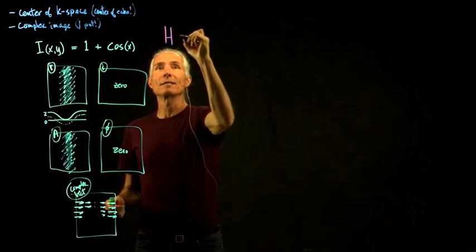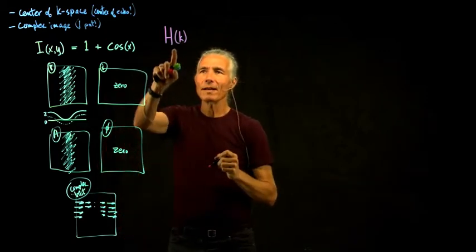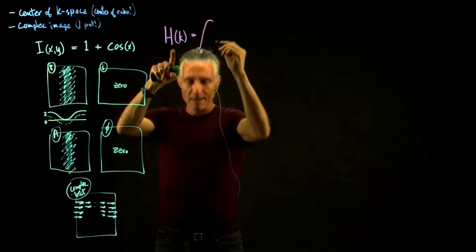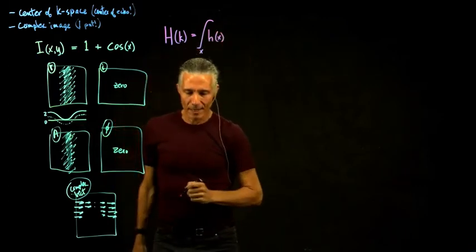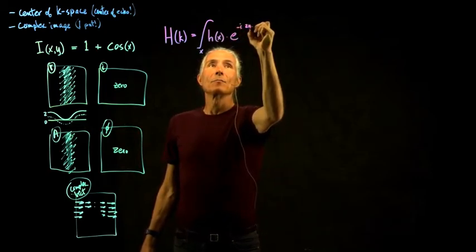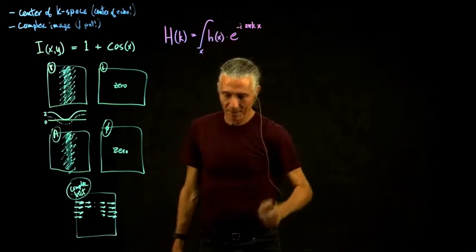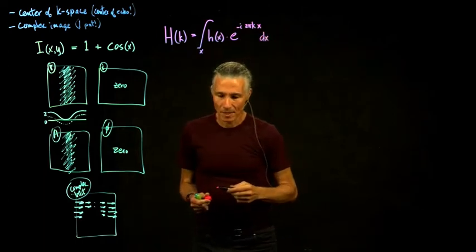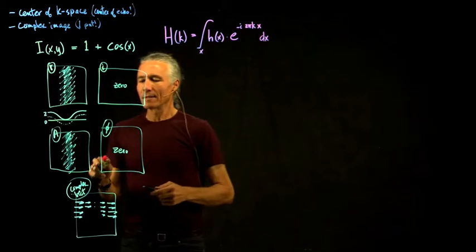The 1D Fourier transform equation was that the Fourier transform at a spatial frequency k equals the sum over all x of the image at a point in x, times e to the minus i 2 pi k, because k is frequency, and then times x instead of t, summed across each point in the image. So now we're asking, what about the center of k-space?